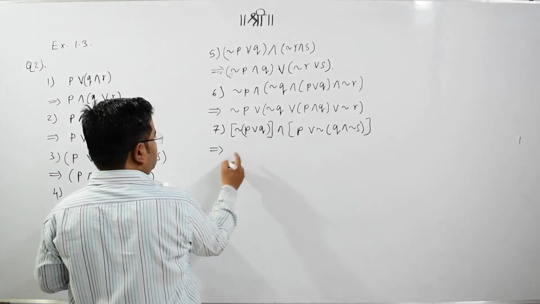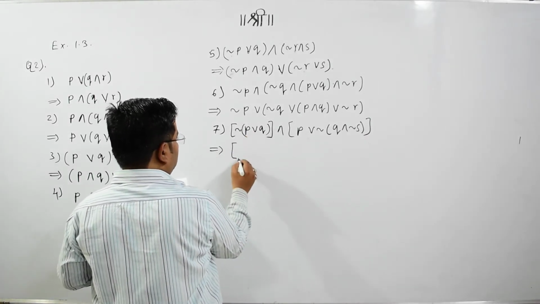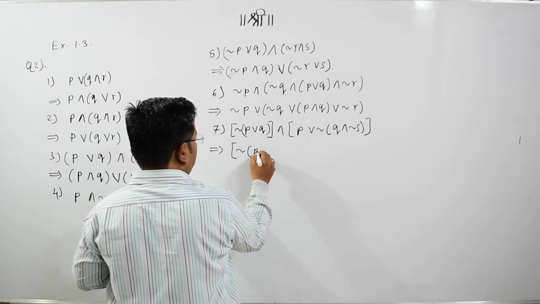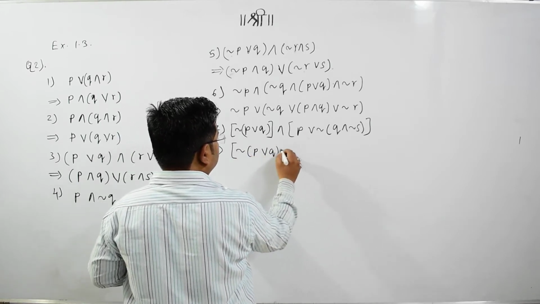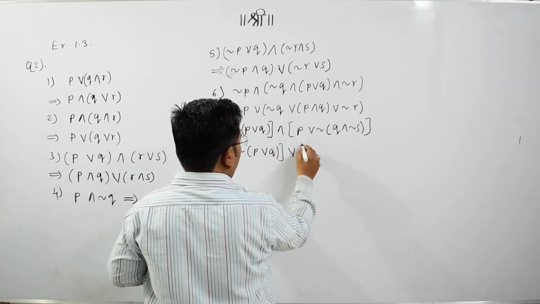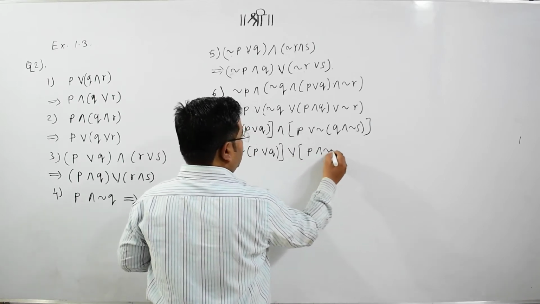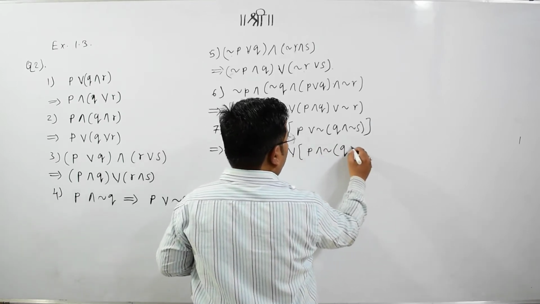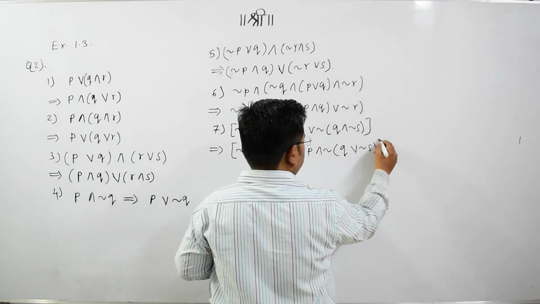So what should be the negation? Just change only this symbol. So negation of P or Q, bracket complete, or P and negation of Q or negation of S.